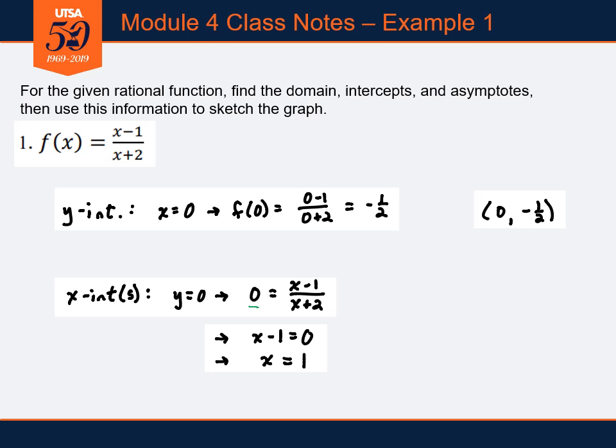Let me slow that down a bit and say from here, we clear the fractions by multiplying both sides by x plus 2. It's just that when we multiply by x plus 2, times 0 is still 0. And so all we have left is the numerator equal to 0.